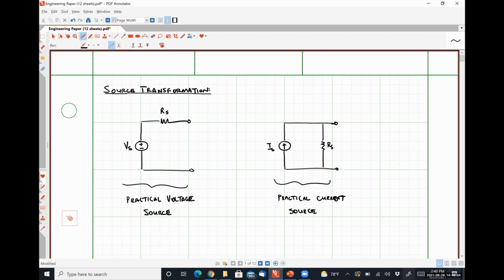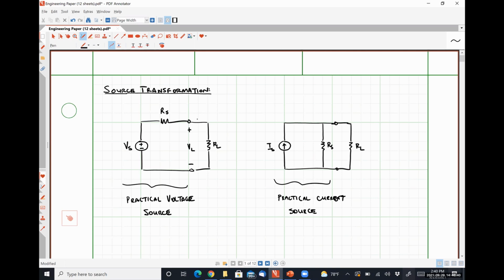So if I have these two circuits and I connect them to a load, and I'm going to call that load an arbitrary resistance, RL. What we will be discussing in class today, or at least for the first half of my lecture, is what makes these two practical sources electrically equivalent.